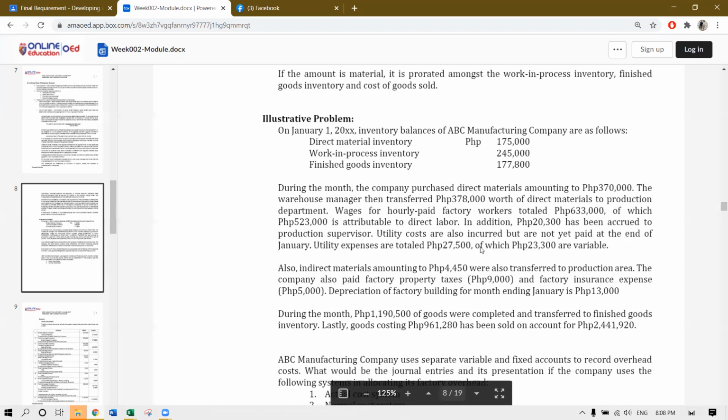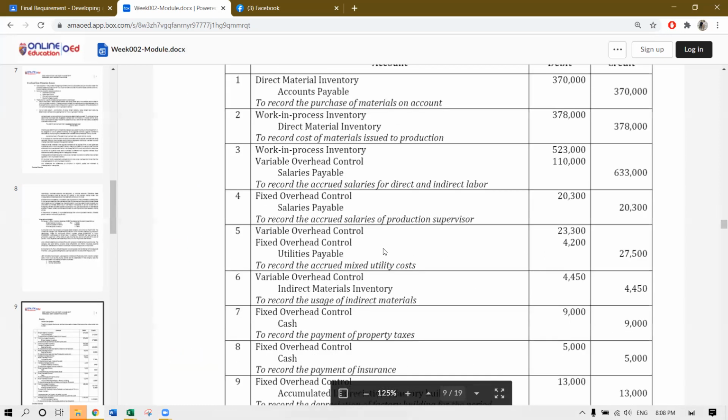So meaning 27,500 ang total, 23,300 ang variable, remaining is a fixed overhead cost. 27,500 minus 23,300, 4,200 is a fixed cost. Fixed overhead cost. Adi, 4,200. But the utilities payable is equal to 27,500.